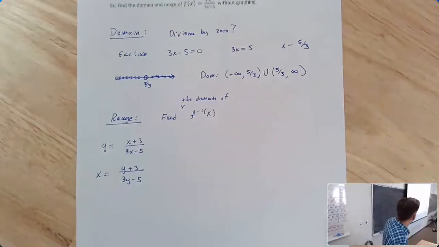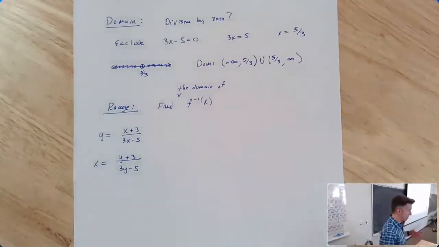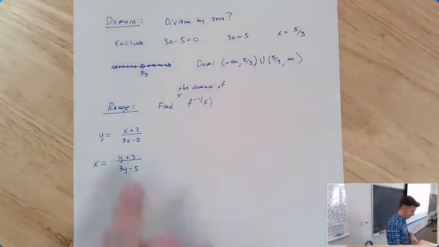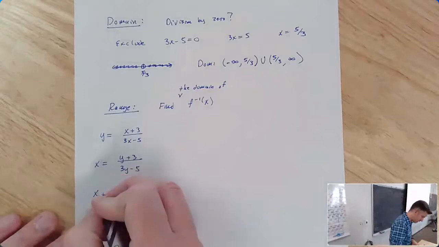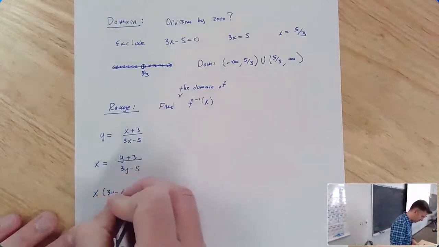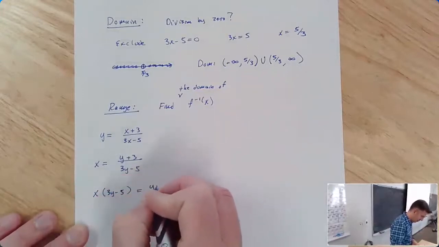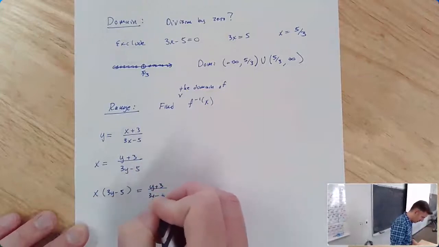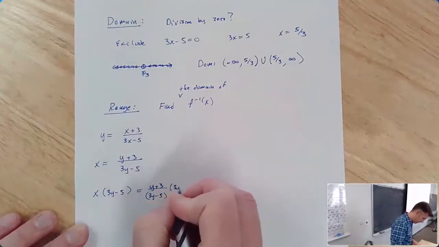This is one of those situations where you're going to have to multiply both sides by something, then get all the y's on one side and factor out a y. If you see more than one y after you've interchanged things, prepare for a little more algebra. So I'm going to have x times (3y - 5) equal to (y + 3)/(3y - 5) times (3y - 5).